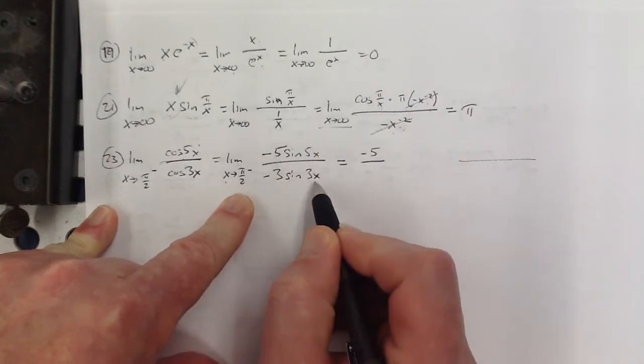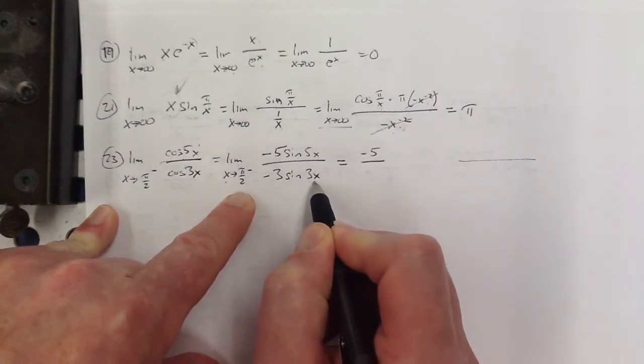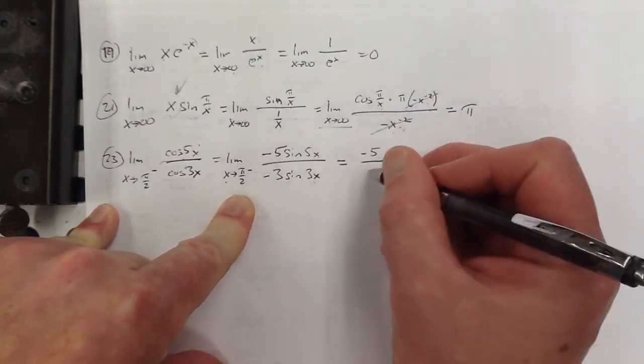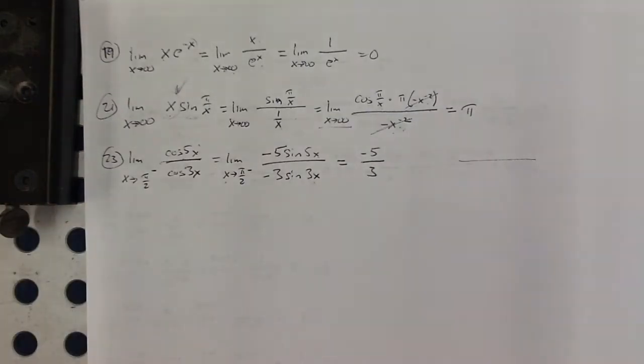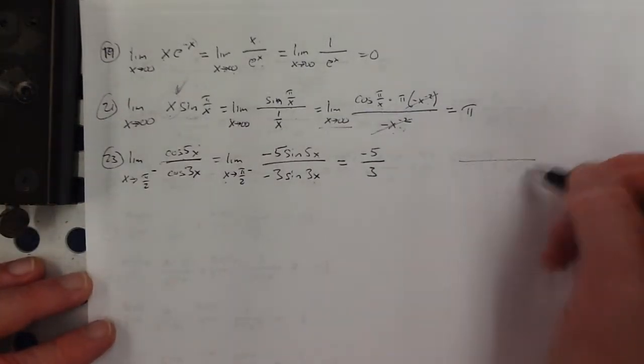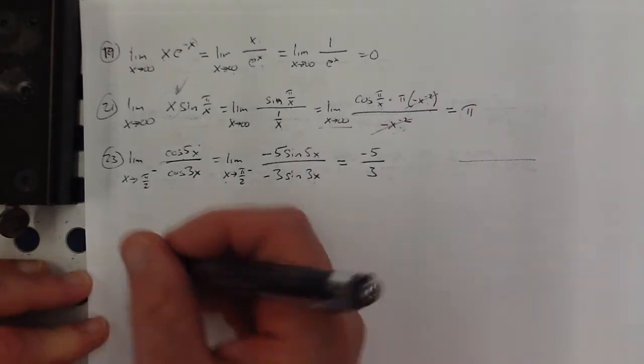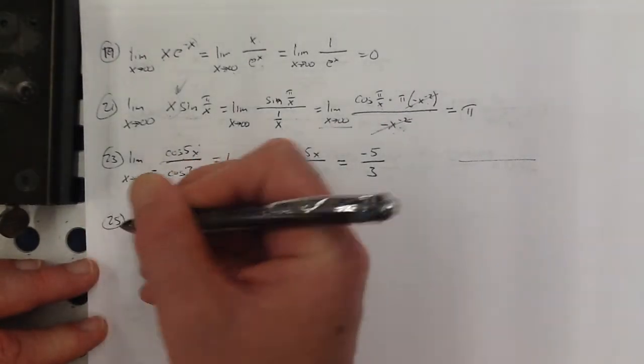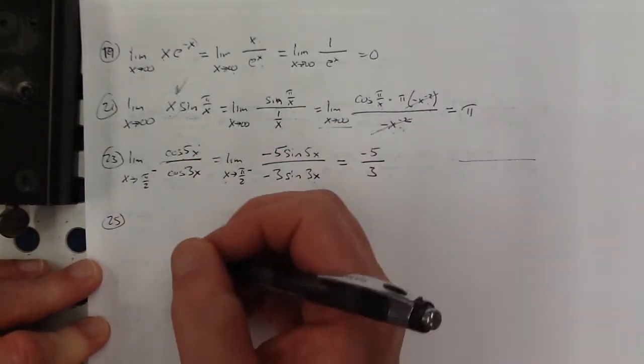And the sine of 3 pi over 2 is negative 1. So I think negative 5/3. I don't know why I made that line there. I was going to sketch the sine function, but I decided to use my imagination instead.